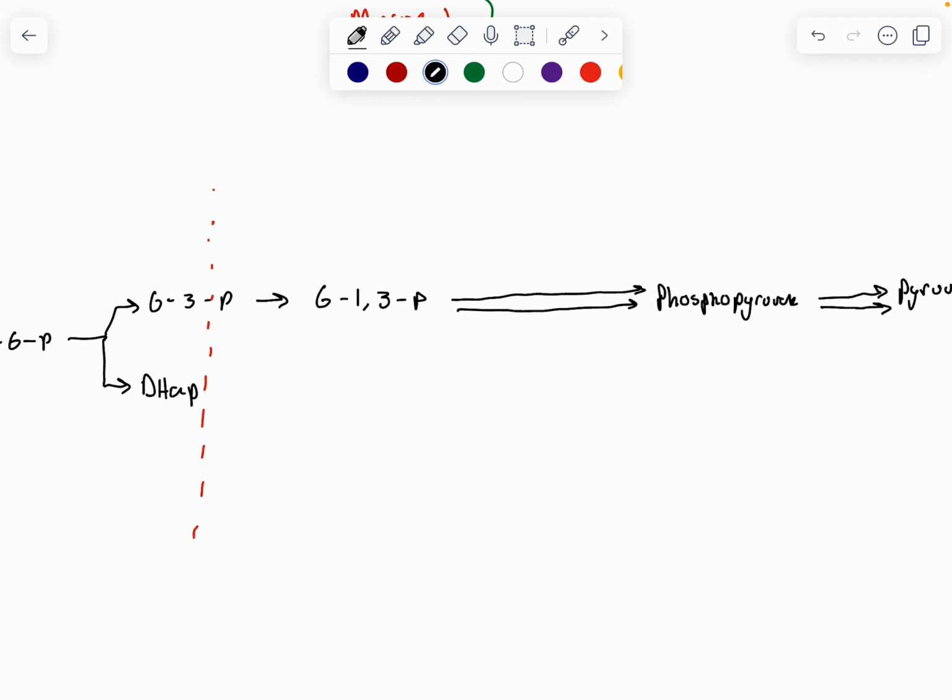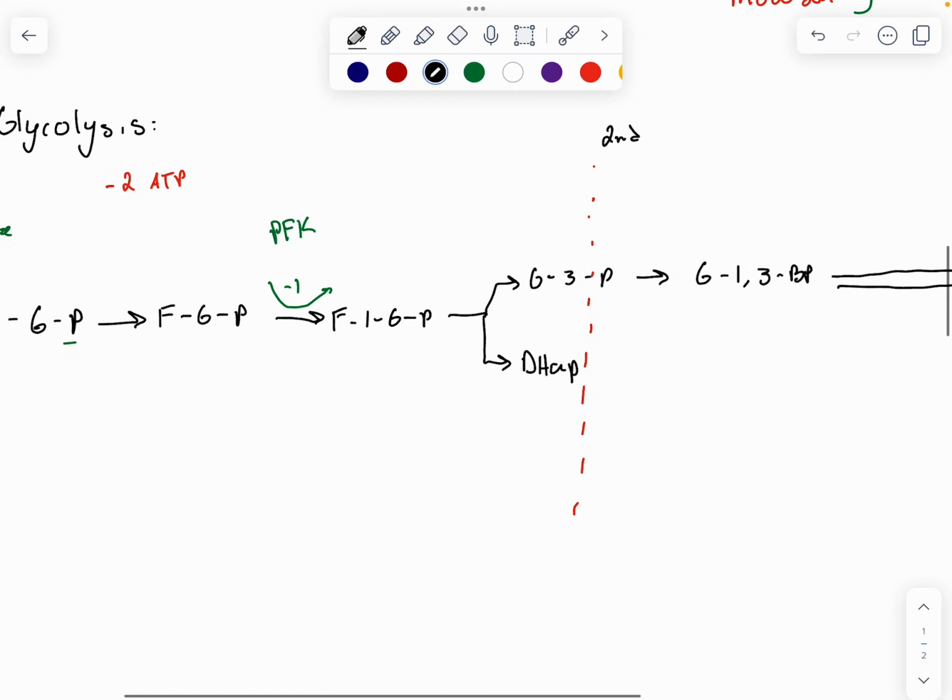So in the second stage, our first entrance will be G3P. And we can see we go from G3P to G13P, which means we added on, and I always make this mistake, it's actually BP because it is a biphosphate, even F16 biphosphate.